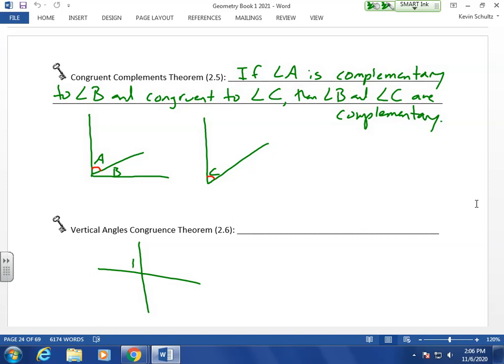So an example would be angle 1 and angle 2 there. And what do we know about vertical angles? What's their relationship? They are congruent. Okay, so the vertical angles congruence theorem says that vertical angles are congruent.